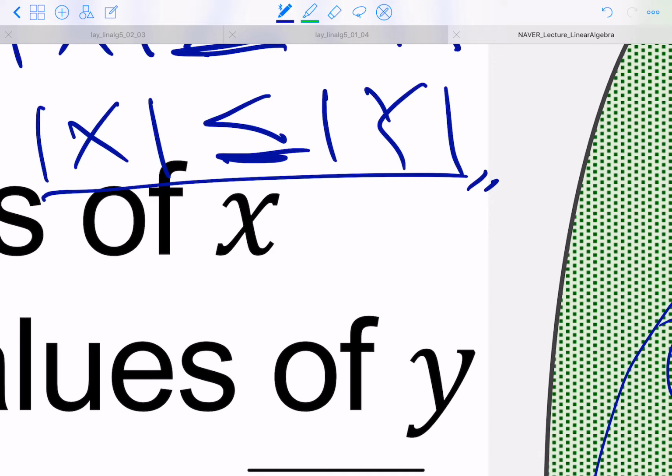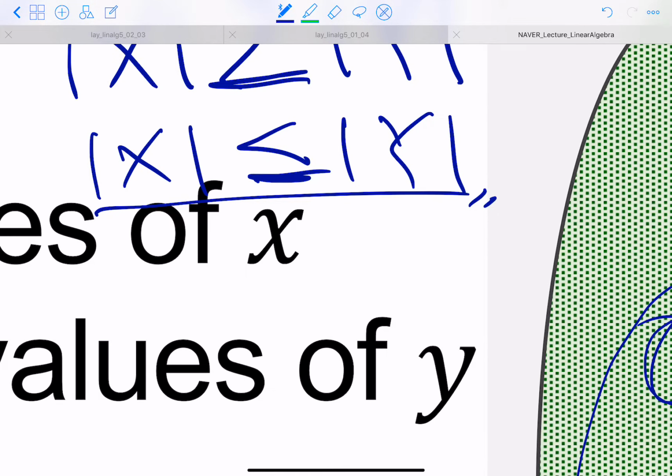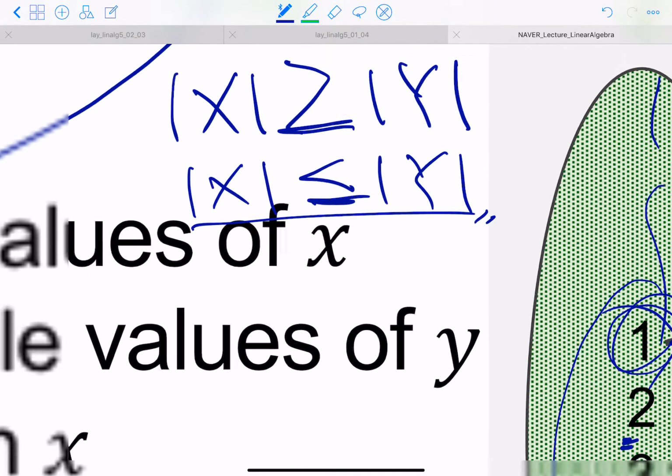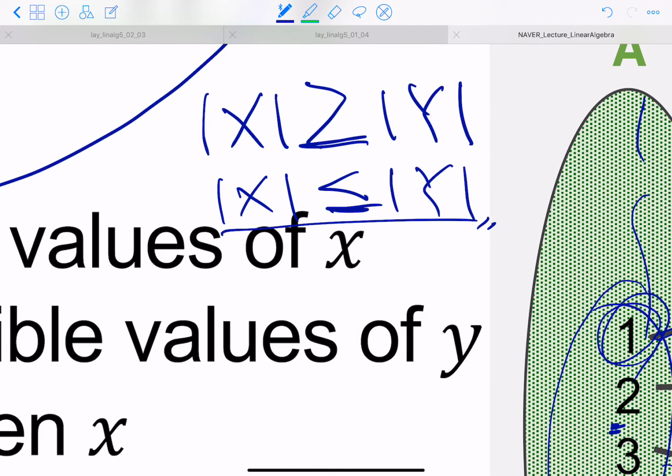But that is not true, because this is not sufficient to satisfy one-to-one. It is just a part of the condition. So it is a necessary condition but not a sufficient condition, to satisfy one-to-one.